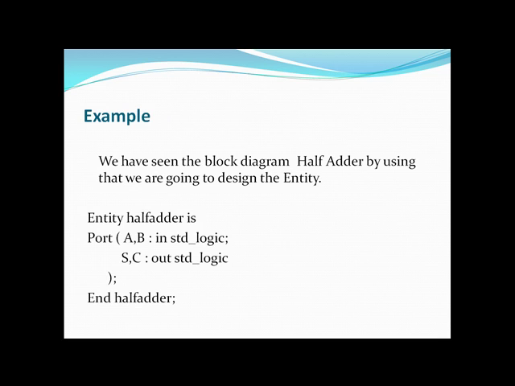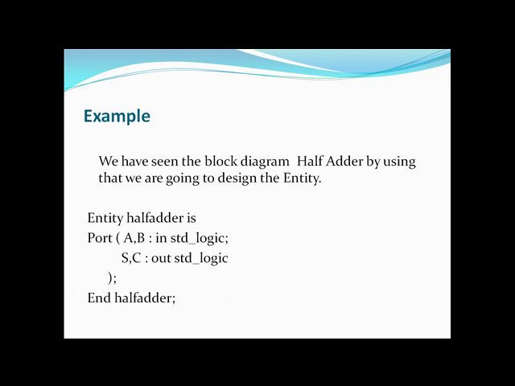For example, consider the half adder diagram. We have seen that block diagram now. For that, A and B are inputs and sum and carry are outputs. Here I am representing sum and carry as S and C. Entity, here the entity name is half adder. Is is a keyword, then port, open braces, and port declarations. In the port declarations I want to declare what the inputs and what the outputs are.